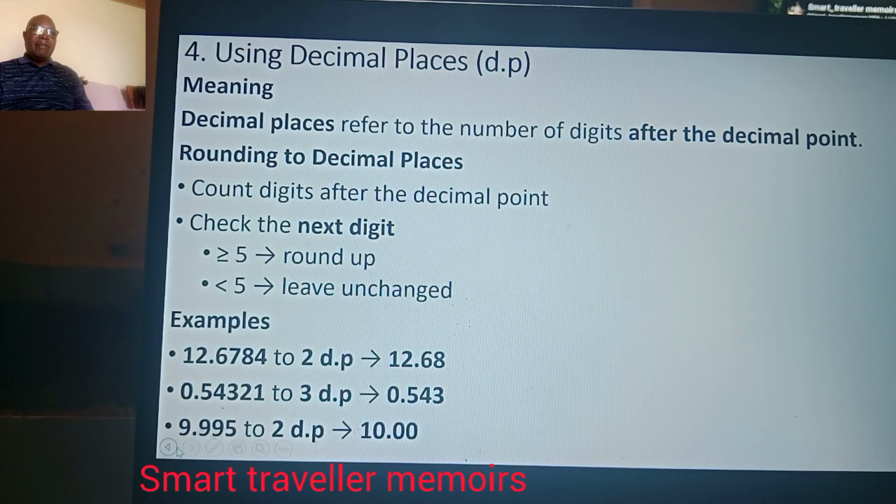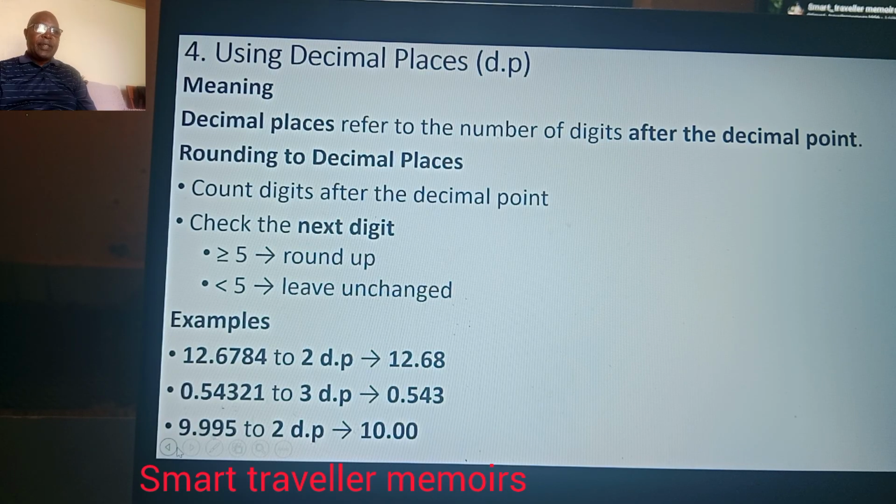If it is 5 or greater, round up. If it's less than 5, leave unchanged. Examples: 12.6784 to 2 decimal places is 12.68 because the next digit is greater than 5. We round up and the 7 becomes 8.